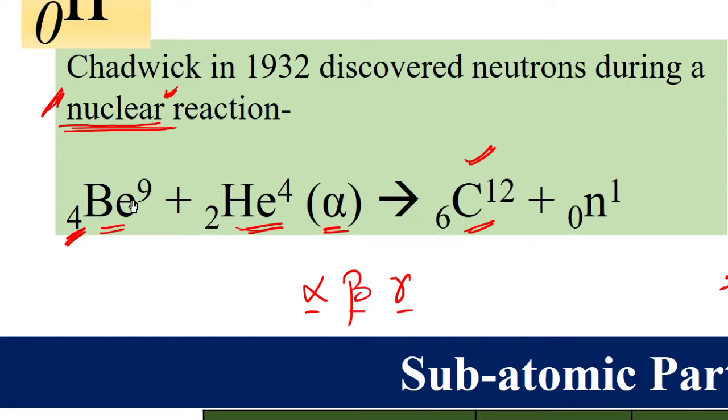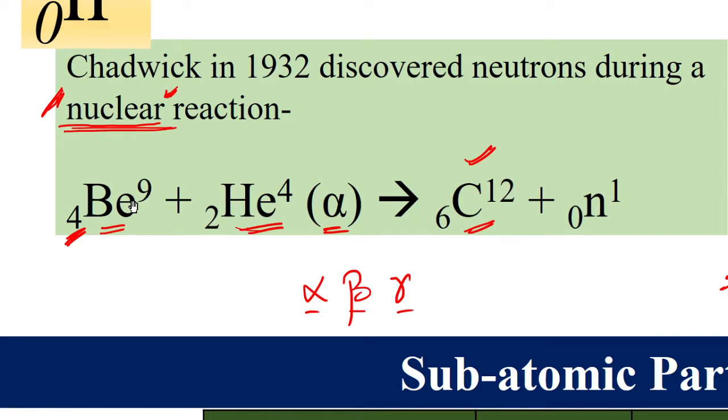9 plus 4 is equal to 13, but here you are getting only 12. Carbon 12, atomic number 6, 4 plus 2, 6 down you are getting. Okay, that means this helium is merging into this beryllium. But what about the mass, 1 unit is coming less?